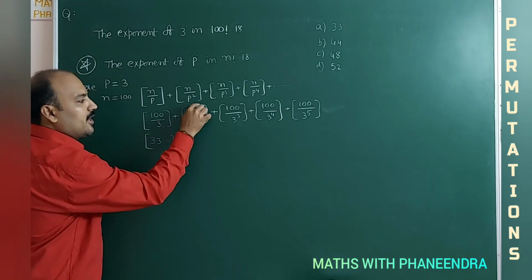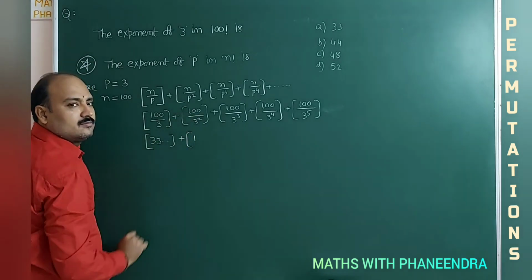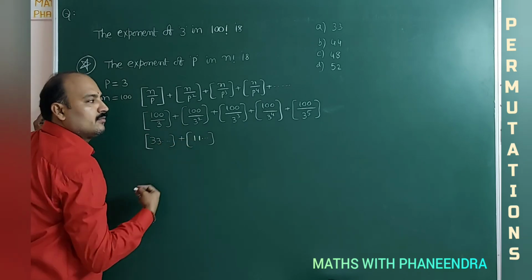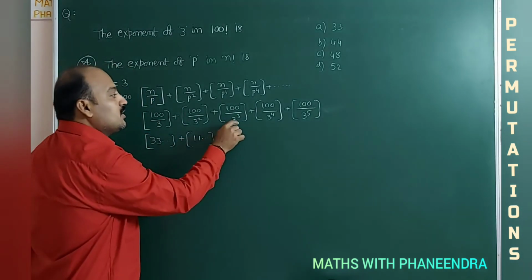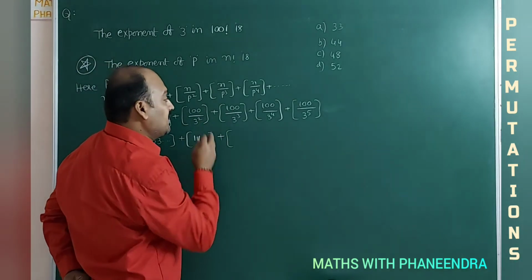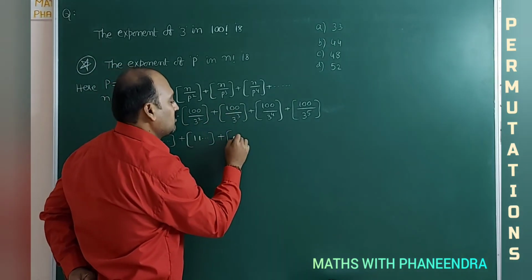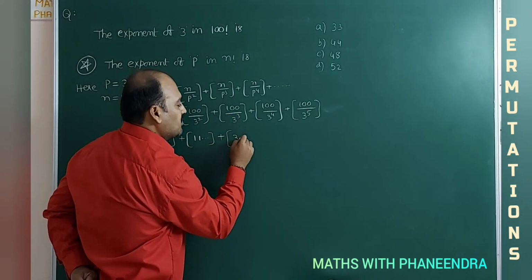Plus 100 by 9. How many times? 9 ones are 9, again 9 ones, so 11 point something. Plus 3 power 3 is 27. 27 threes are 81, so 3 point something only will come.